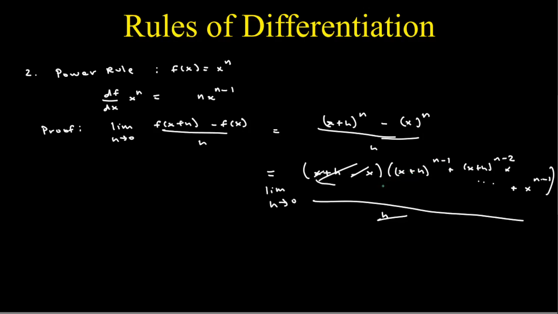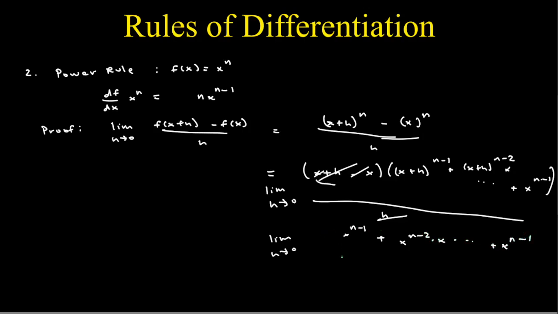In the end, what we're going to get is n terms, each with x to the power of n minus 1, because what's going to happen is, for example, as h tends to 0, if we plug in 0, we'll get x to the power of n minus 1, plus x to the power of n minus 2 times x, dot dot dot, plus x to the power of n minus 1, right?